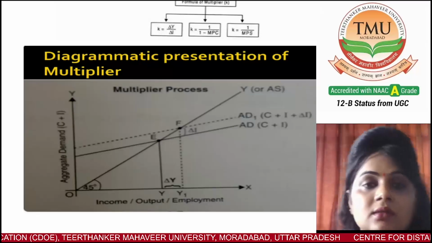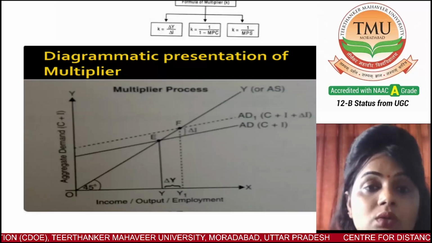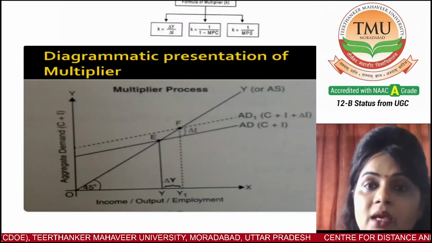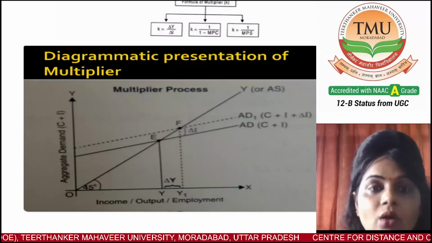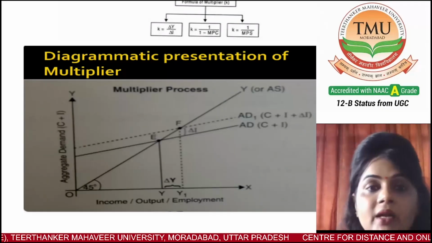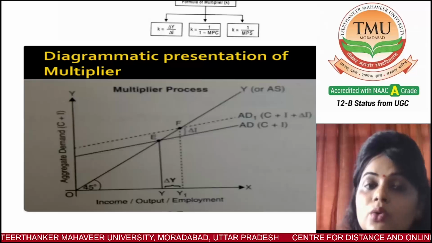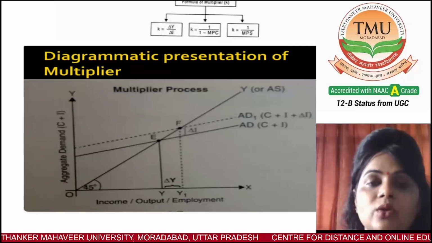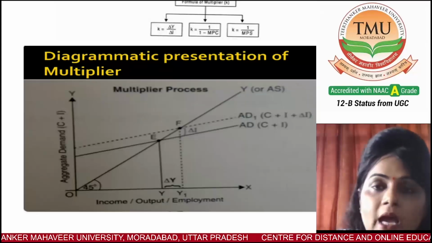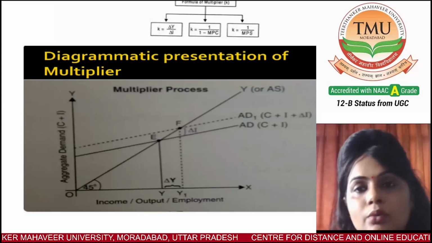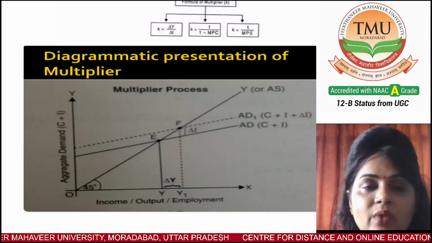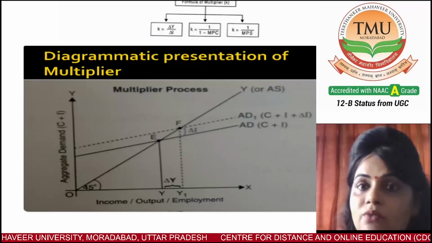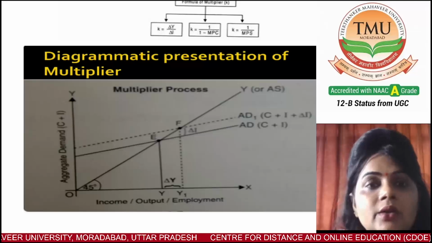Hence, there will be no further growth in income, and as a result delta Y is equal to delta I, or the overall rise in income delta Y will equal the total increase in investment delta I, in case the multiplier value is 1. Proof: as K is equal to 1 upon 1 minus MPC, MPC is 0, K is equal to 1 upon 1 minus 0. So 1 upon 1, so K is equal to 1.